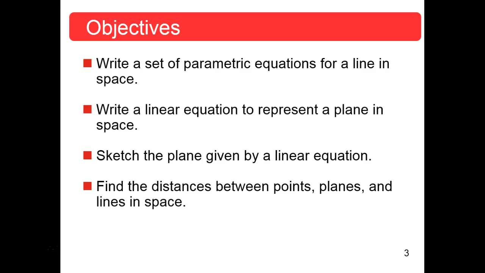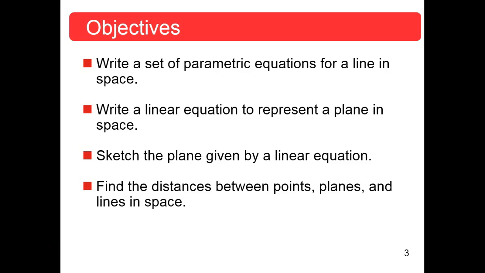So let's take write a set of parametric equations for a line in space. If you've got a line going through space somewhere, it'll be expressed by a set of parametric equations with one parameter to the first power to be a line. Write a linear equation to represent a plane in space.